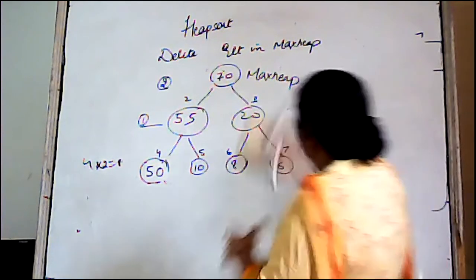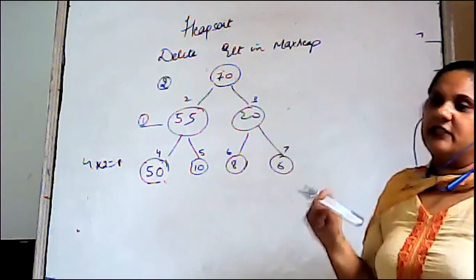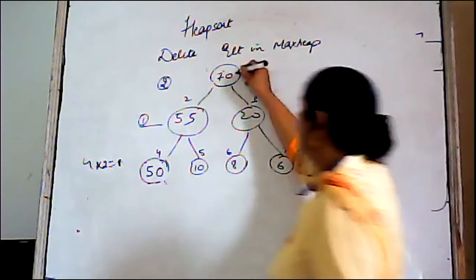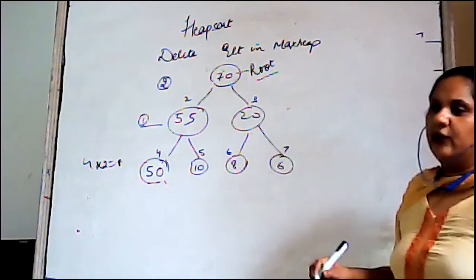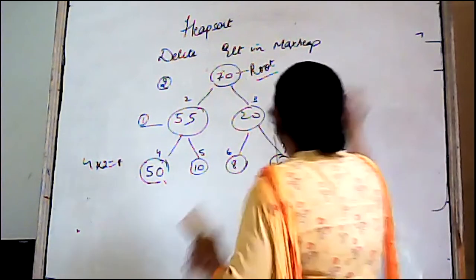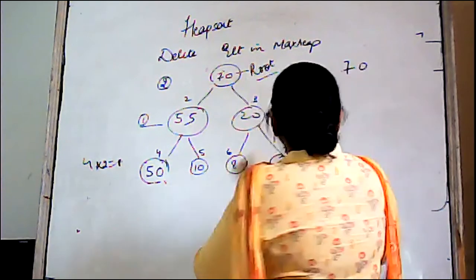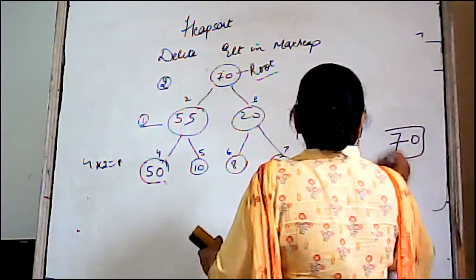First of all, in a max heap, the element which has the maximum value lies at the root. The maximum value number will lie at the root. So remove it. So 70 will come out. Okay.